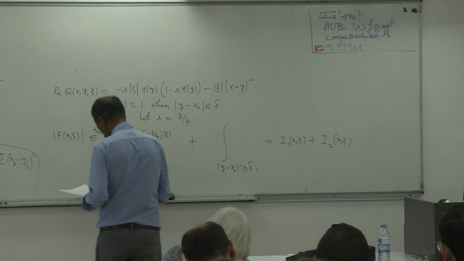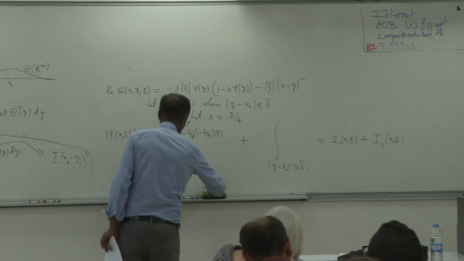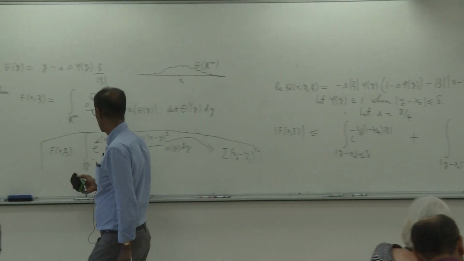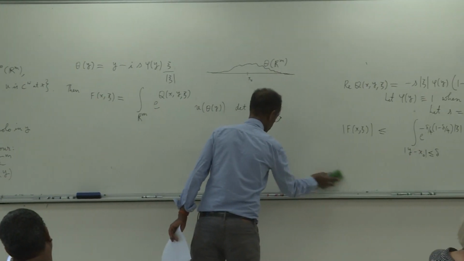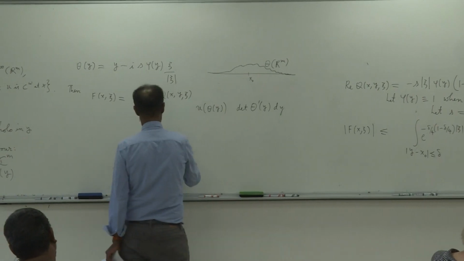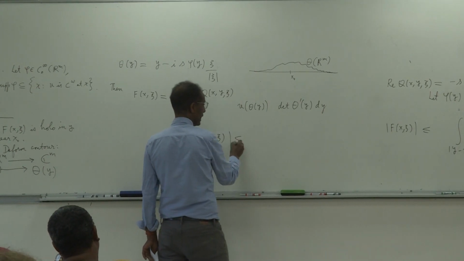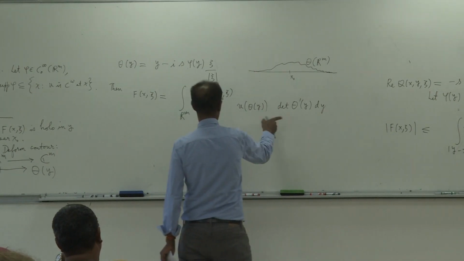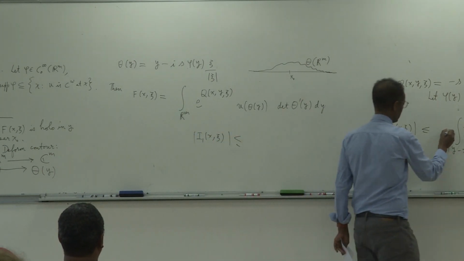All right, so let me look at I1. It will be very easy to estimate I1. When I estimate the FBI, there are also these terms, but these are bounded, so there is a constant c.